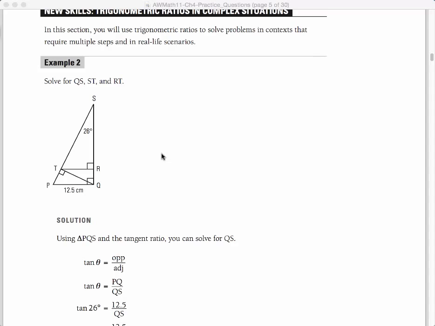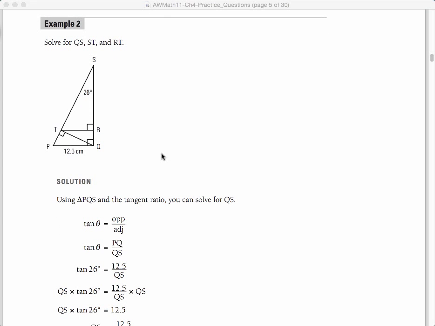Moving on to example 2. We have an angle and we have the opposite. That allows us in this big triangle to calculate either the hypotenuse or this large side here, the adjacent to 26. In fact, that's SQ.